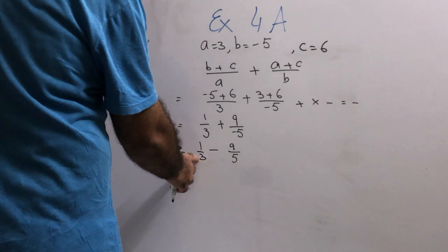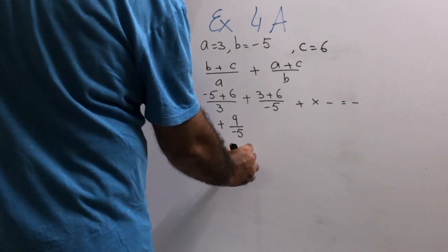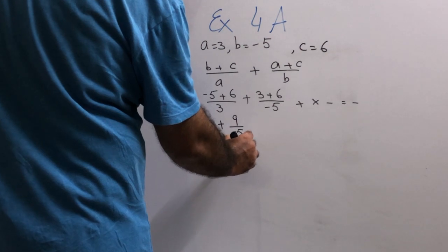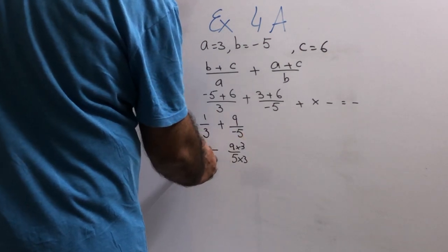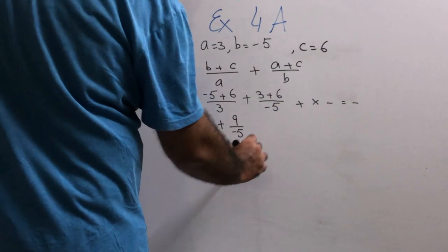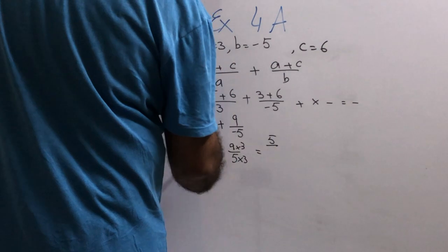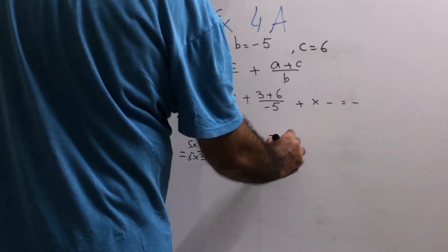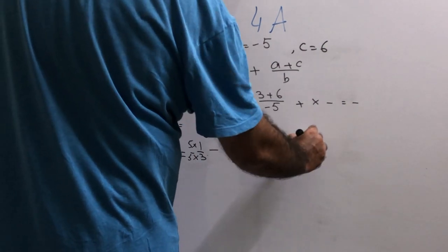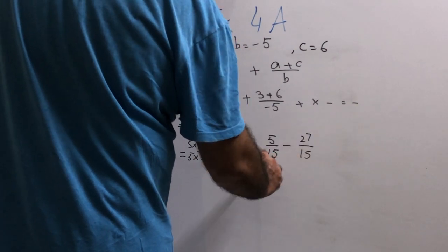So here we need to equalize the denominators. Multiply with 3, multiply with 3, here multiply with 5 and multiply with 5. We will get 5 into 5 is 5, over 5 3s are 15, minus 9 3s are 27, over 5 3s are 15.